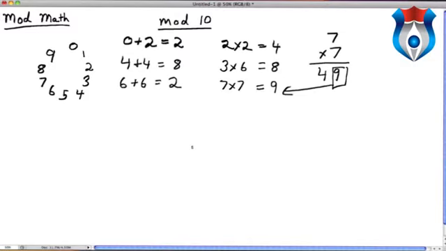So what is the rule? The basic rule is like this.